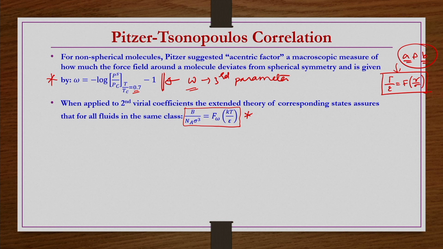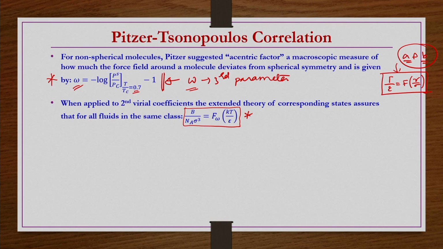We are introducing an additional parameter, in addition to the two constant parameters generally found in cubic equations of state. So now we have an additional parameter omega. When we bring in this additional parameter, it also makes this theory applicable to other non-spherical bigger molecules, right.